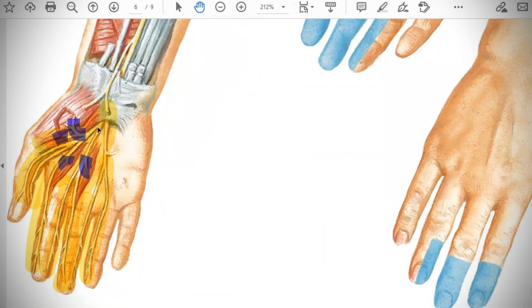But it innervates not only the palmar surface. As you can see, it also gives dorsal branches of fingers, and they reach the posterior surface of the distal phalanx of the thumb, the posterior surface of the distal phalanx of the second finger, the posterior surface of the distal phalanx of the third finger, and also the lateral aspect of the distal phalanx of the fourth finger.